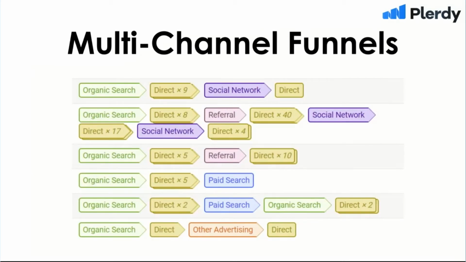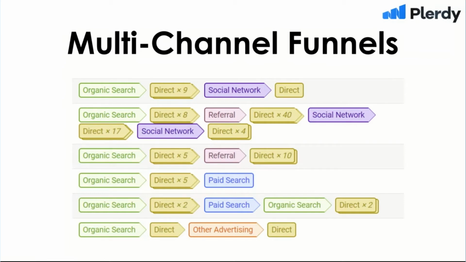Okay, over here, multi-channel funnels. So I really like this image because it shows how complicated the user behavior can be before they get what they wanted on your web page. So for example, let's take this second one. You see, we have the user who came to our website with the organic search. Then he or she left it.